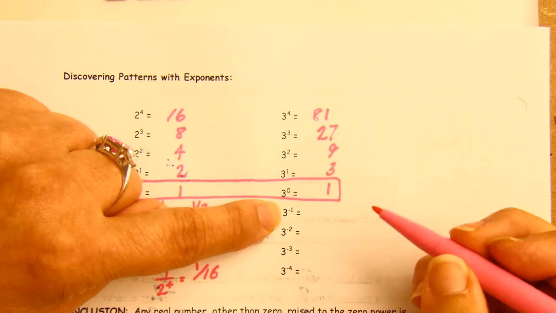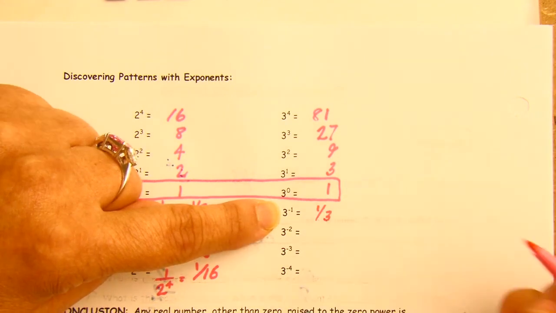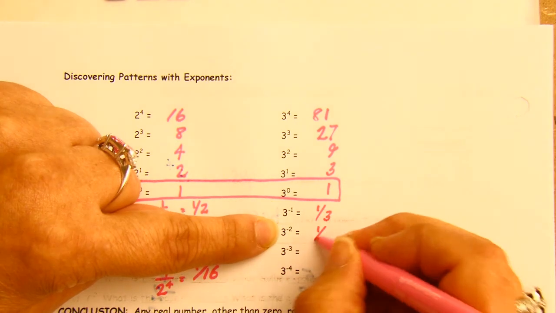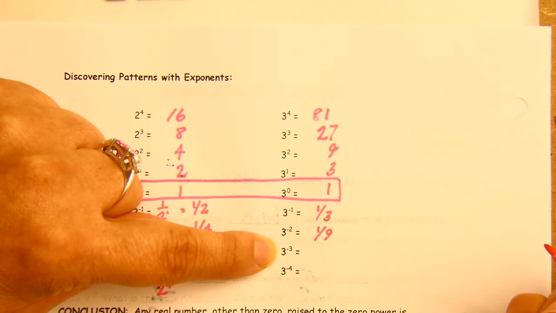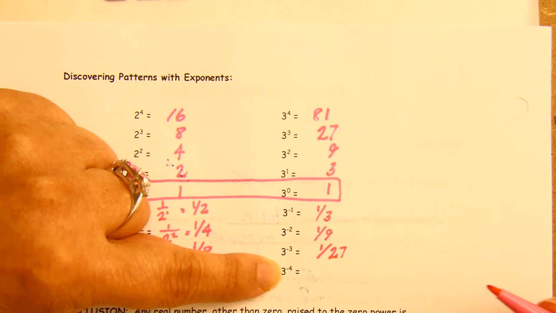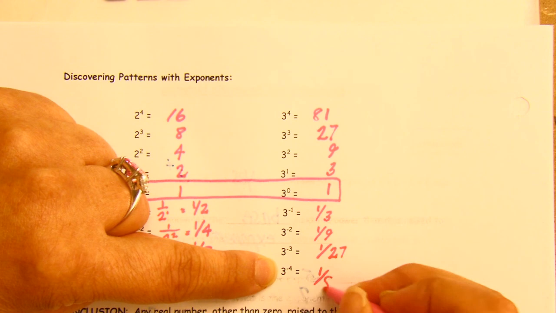So 3 to the power of negative 1 is going to become 1 over 3 to the first, or 1/3. This becomes 1 over 3 squared, or 1/9. This becomes 1 over 3 cubed, or 1/27. And this one here becomes 1 over 3 to the power of positive 4, which is 1 over 81.